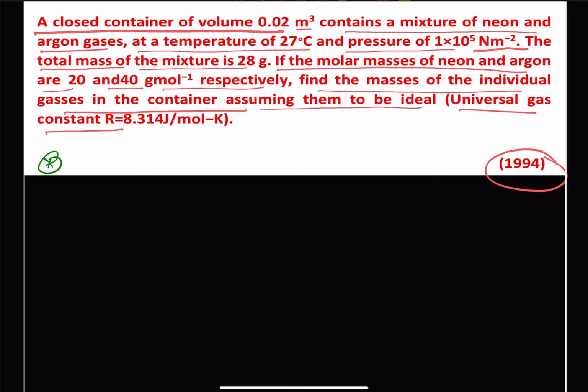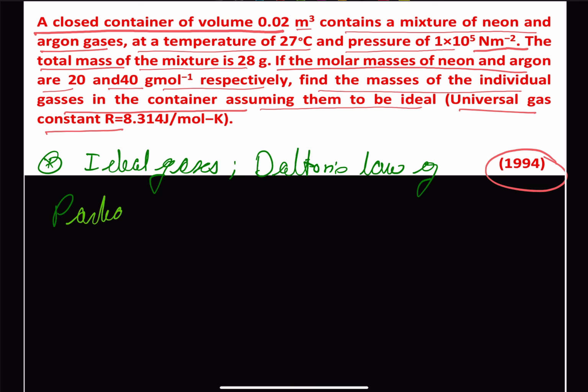So we are given that we have ideal gases, therefore according to Dalton's law of partial pressure, we can say the total pressure P will be equal to the pressure because of the neon plus the pressure because of the argon.